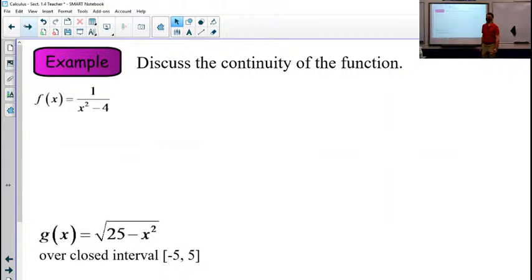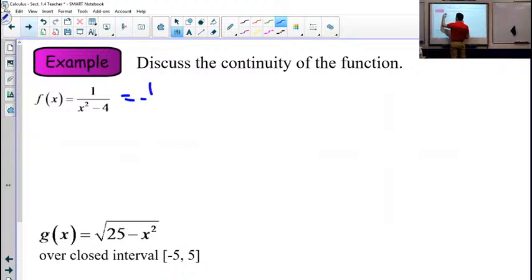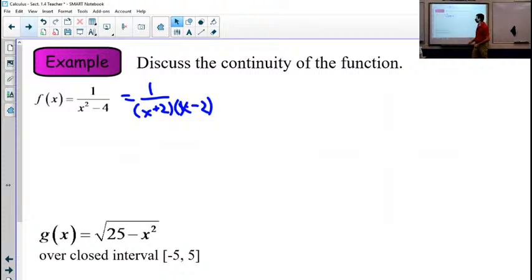Next one. You should know how this factors already. So we have 2 and negative 2 again. So what's happening at 2 and negative 2? Vertical asymptotes, so that means what type of discontinuities?